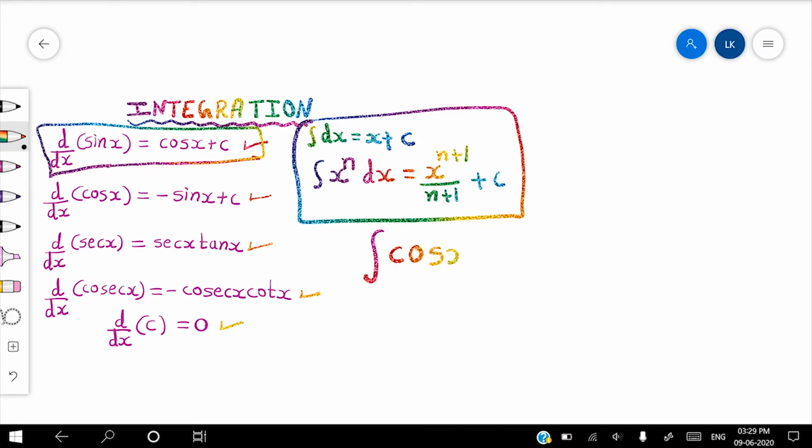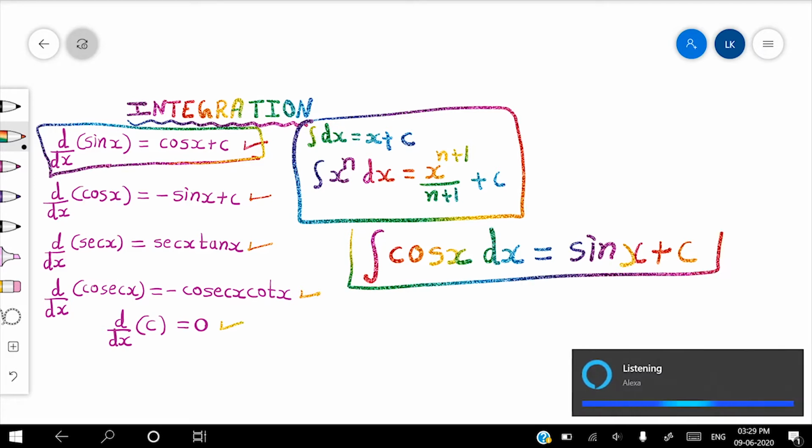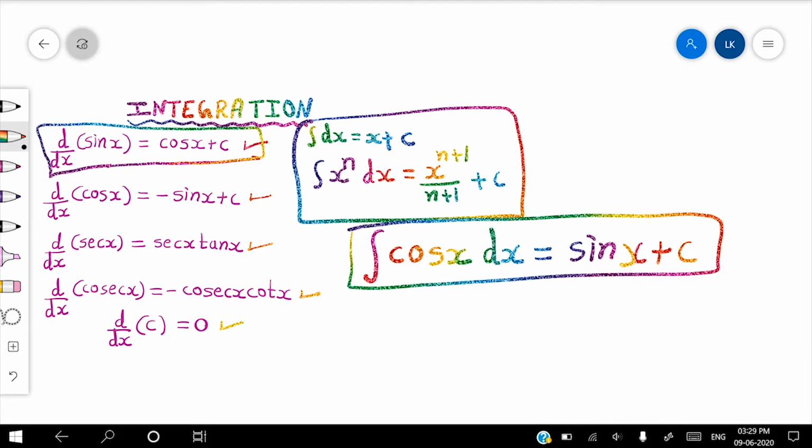Therefore, the integration of cos x dx equal to sin x plus c. Okay. Try to remember this formula. Integration of cos x is sin x plus c.